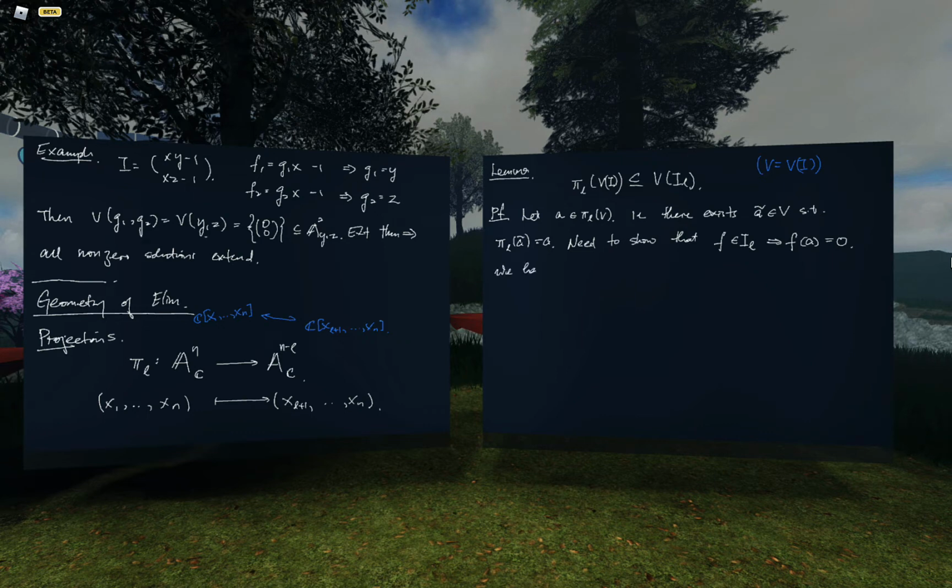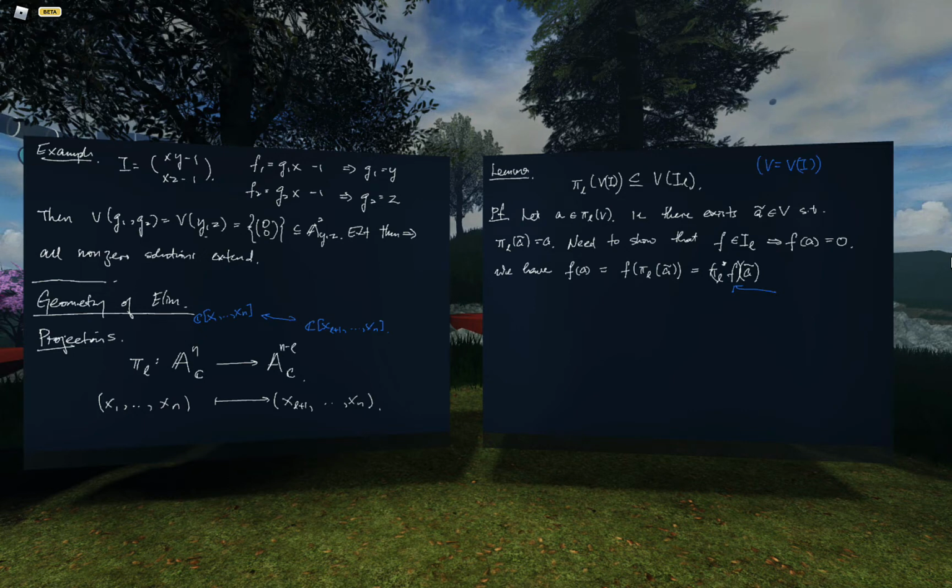So we have F A is equal to, so I'm going to be slightly naughty here and depart from the book's notation a little bit. So this thing here is just considering F as an element of the full ring. So F is actually an element of the polynomial ring in the L plus first, L plus second to the nth variable.